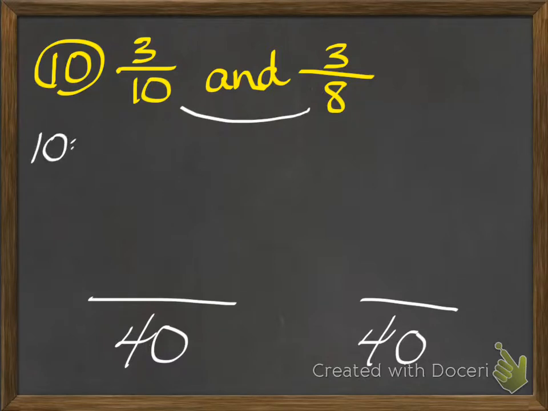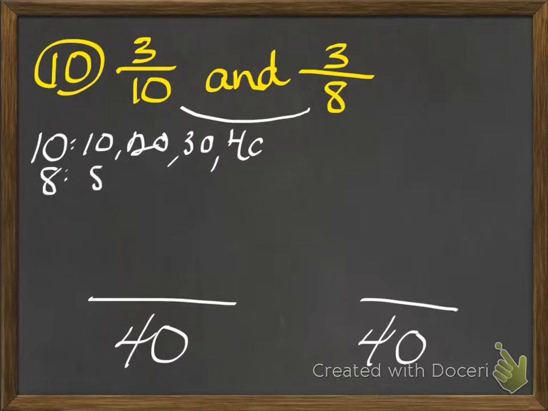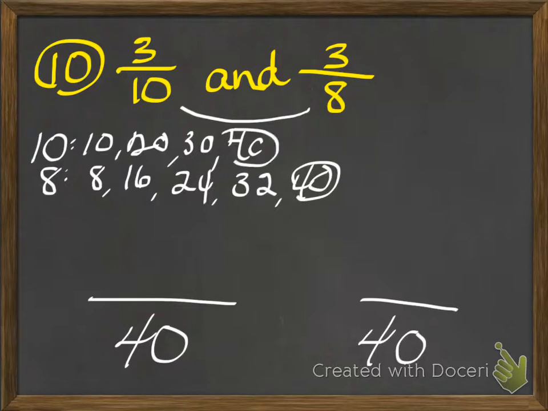The multiples of 10 are 10, 20, 30, 40, and so on. The multiples of 8 are 8, 16, 24, 32, and 40. So the least common multiple is 40.